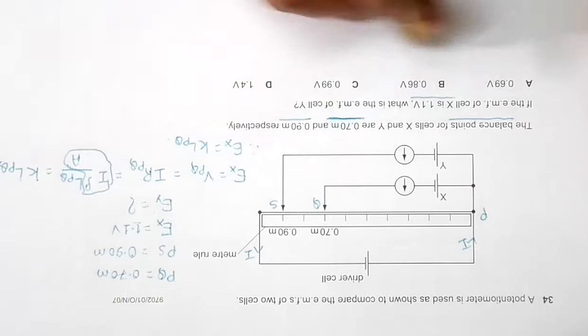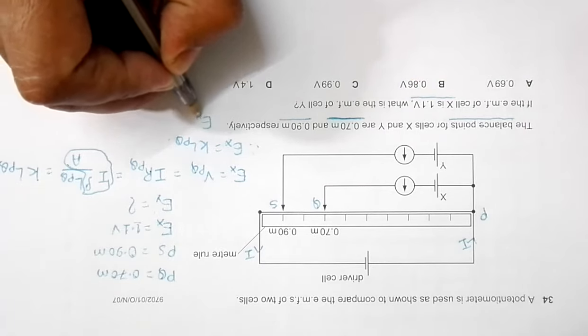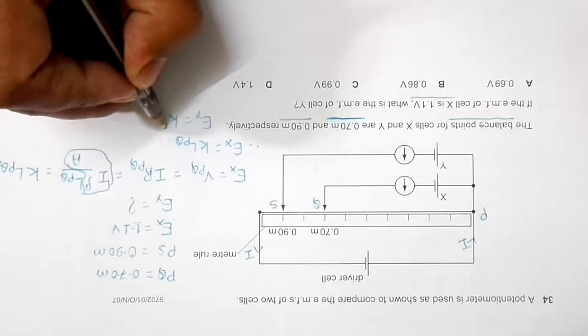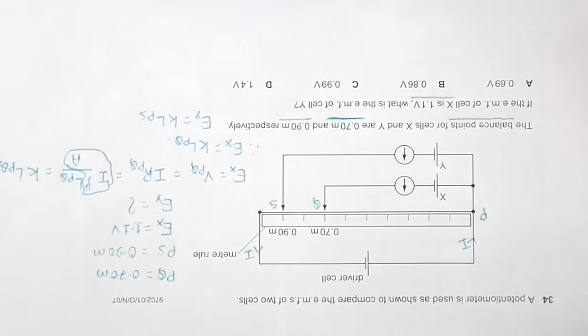In a similar manner, when I connect this another cell Y, I must have EY is equal to K into L, where now the length is PS.